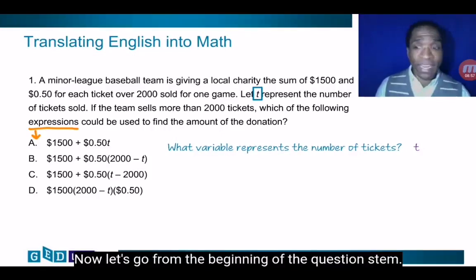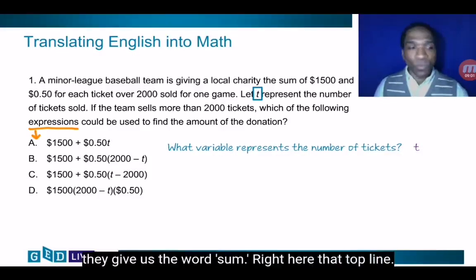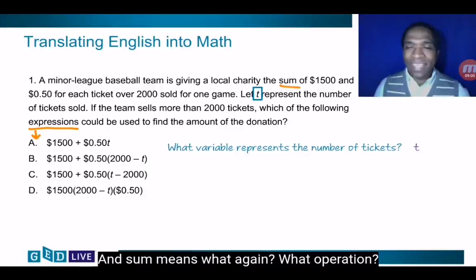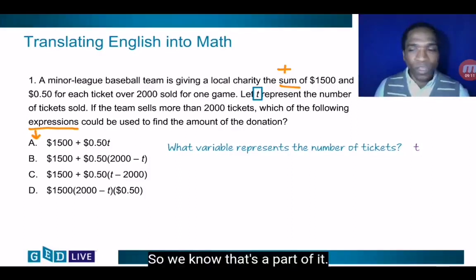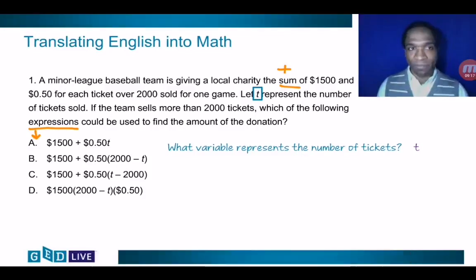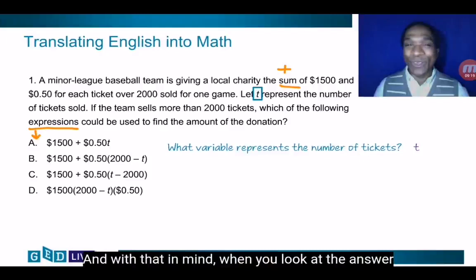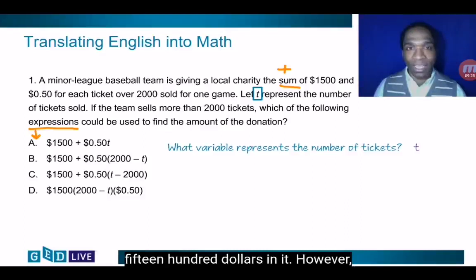Now, let's go from the beginning of the question stem. At the beginning of the stem, they give us the word sum, right here, that top line. And sum means what again? What operation? Well, it means to add. So we know that's a part of it. So we need to add $1,500 to something. And with that in mind, when you look at the answer choices, you'll see that every choice has the $1,500 in it.